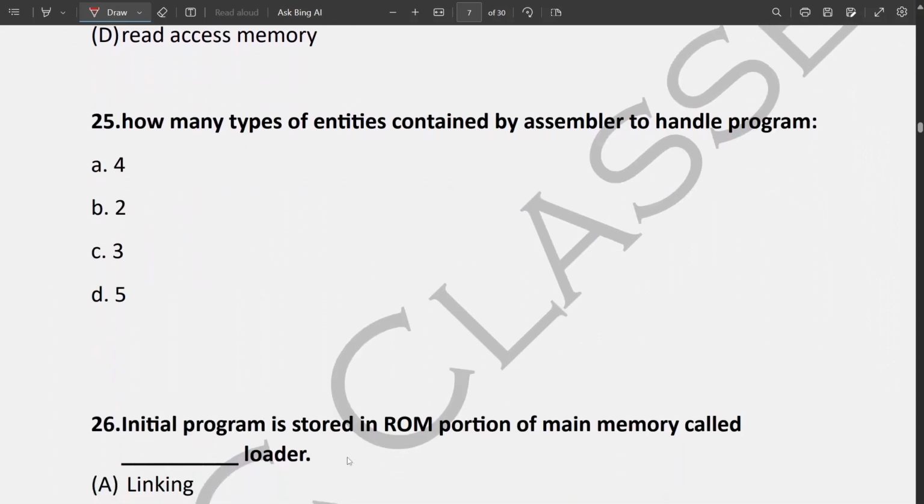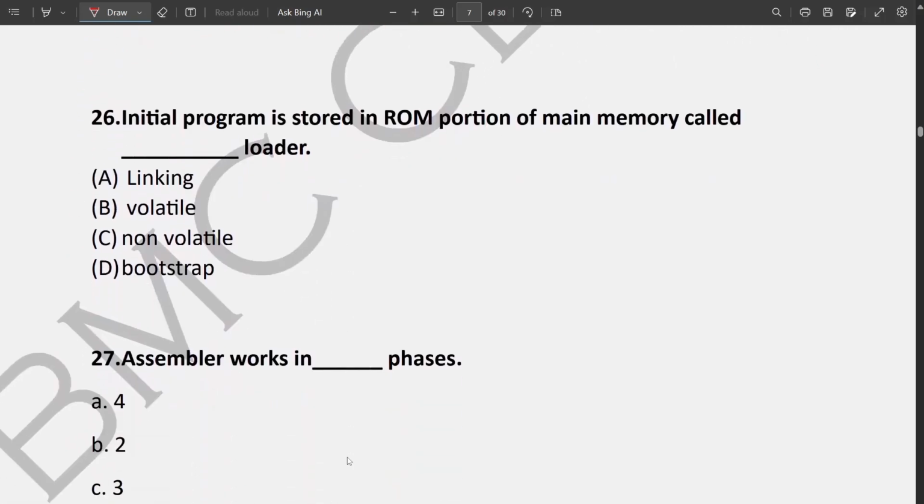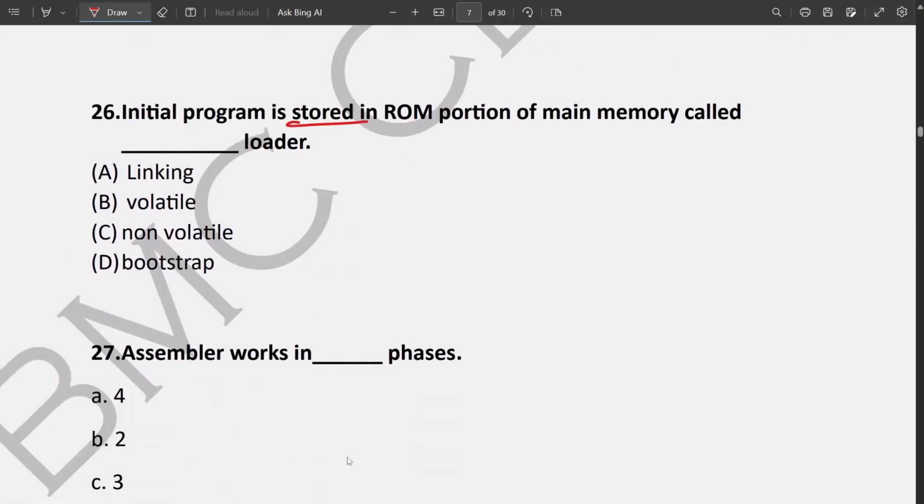Next, how many types of entities are contained by the assembler to handle a program? The answer is 3. Next, the initial program stored in the ROM portion of main memory is called what?